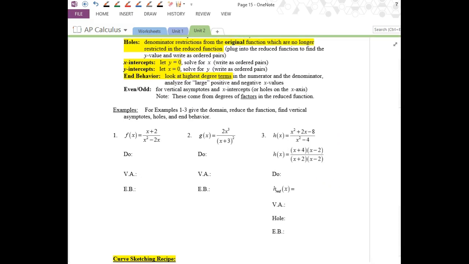Okay, so let's start with number 1. We're going to start by giving the domain of this function. Before I start this, I'm going to play a little bit with the function. If you notice the bottom can be factored, what can I pull out? I can pull out an x.